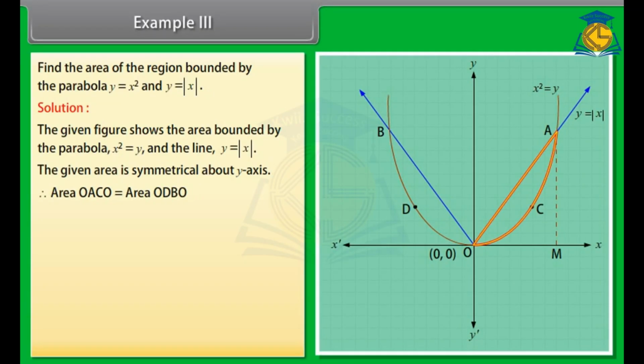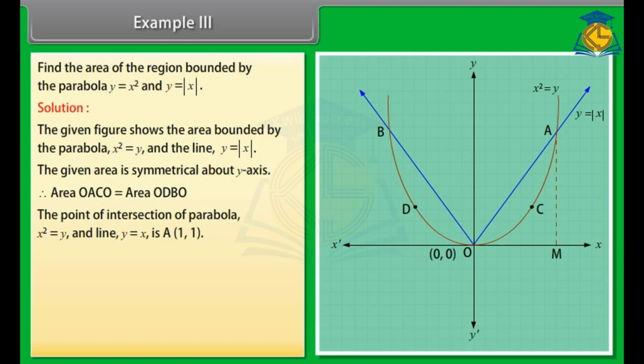Therefore, area OACO is equal to area ODBO. The point of intersection of parabola x square is equal to y and line y is equal to x is A(1, 1).